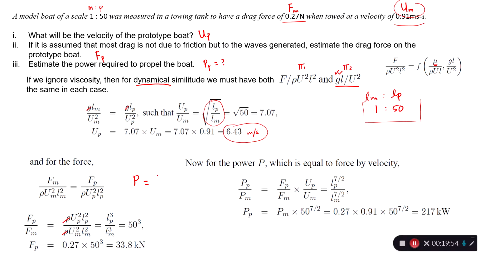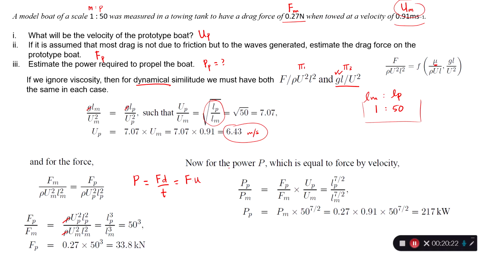Work is force times distance, divided by time, so this is power. How do we get force times velocity? Because d over t is velocity. So we take F, and d over t is the velocity, in this case using the symbol u, so F times u.